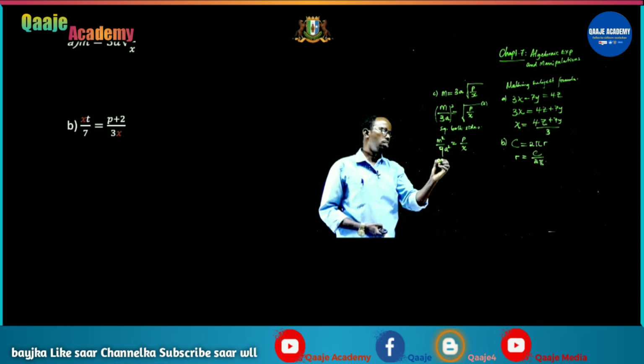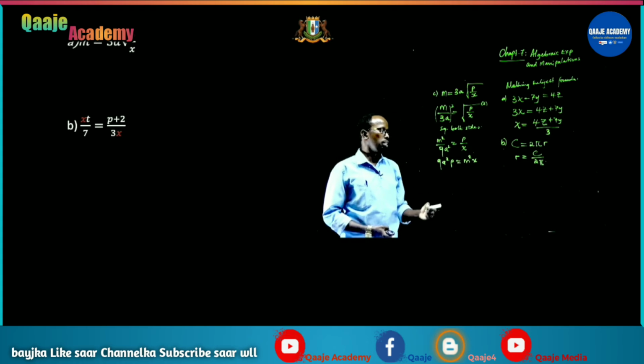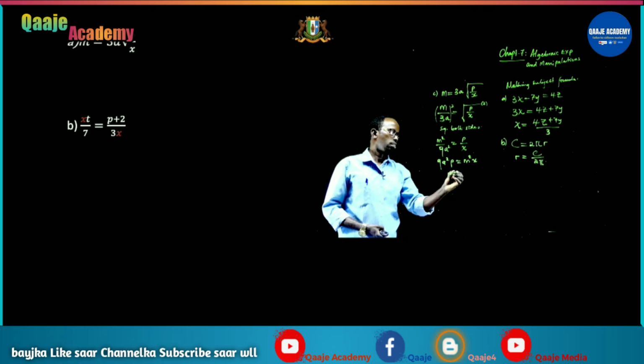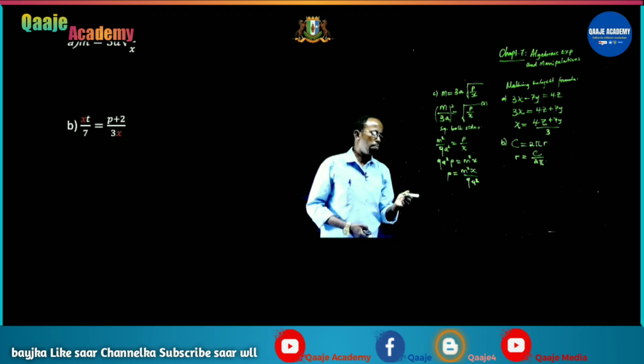This will be 9A squared P is equal to M squared X. And then you divide both sides by 9A squared. So M squared X divided by 9A squared. So that is P the subject.